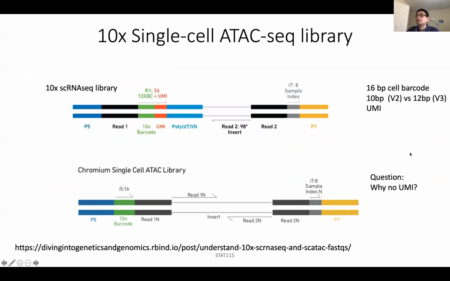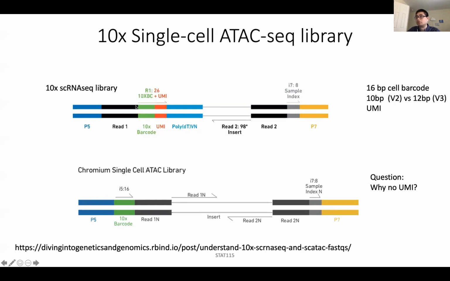Okay, so in the last two lectures, you have learned about single cell RNA sequencing. Let's just compare these two different libraries. So this above is the 10x single cell RNA-seq library, and here is the single cell ATAC-seq library.